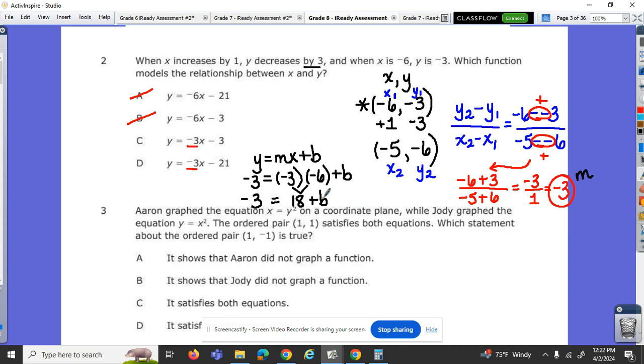Okay, and now solving for b. I would subtract 18, right, on both sides. So negative 3 minus 18 would be negative 21. So that gives away our answer, right? Negative 21 is our y-intercept.